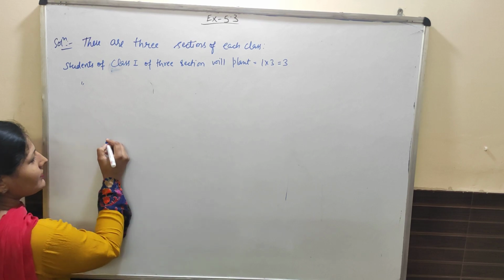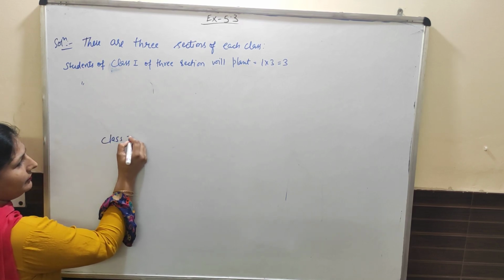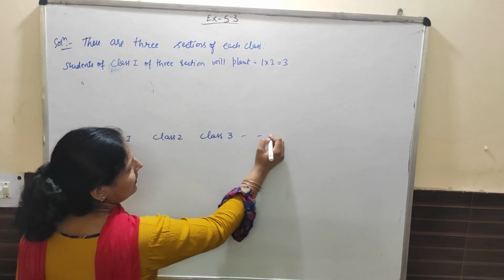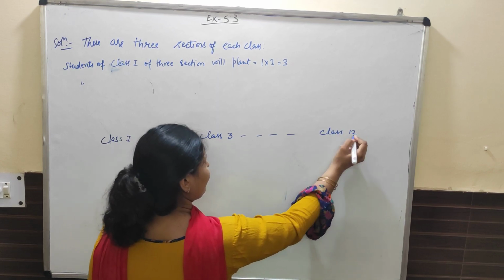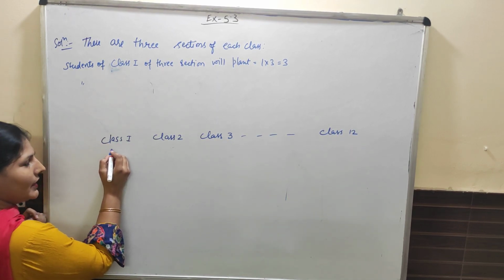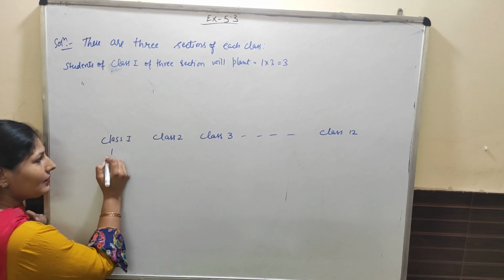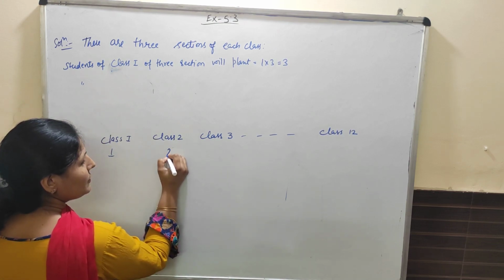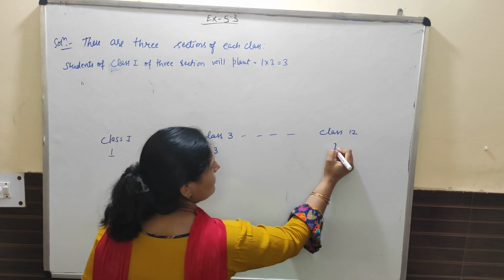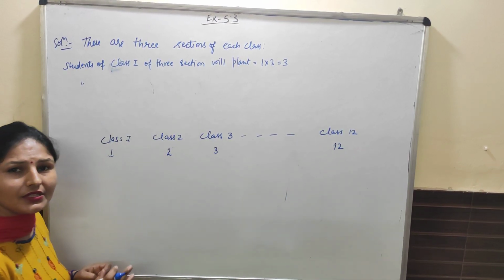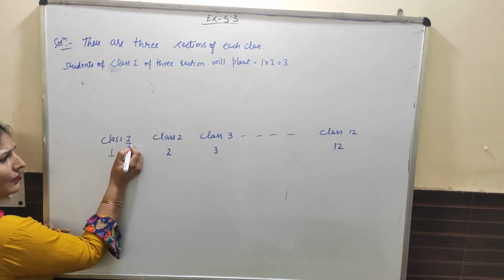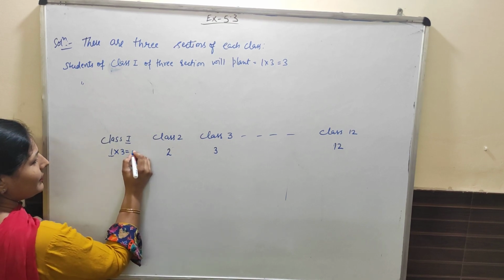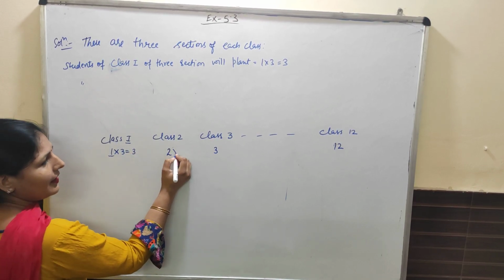Yes, students, listen. Class 1, class 2, class 3 and class 12. One section of class 1 will plant 1 tree and one section of class 2 will plant 2 trees and so on like this. And there are 3 sections in the school. It means 3 sections of class 1 will plant 3 trees.